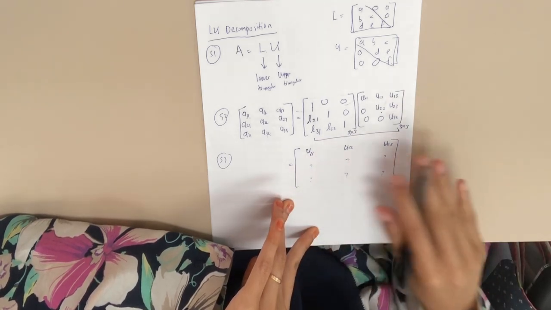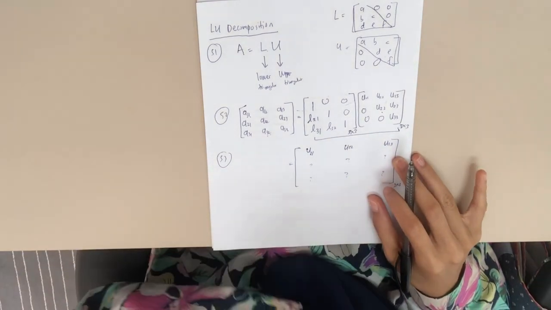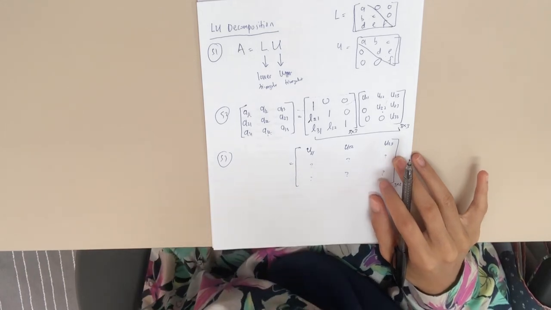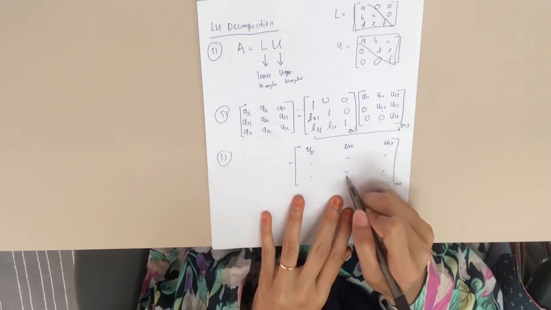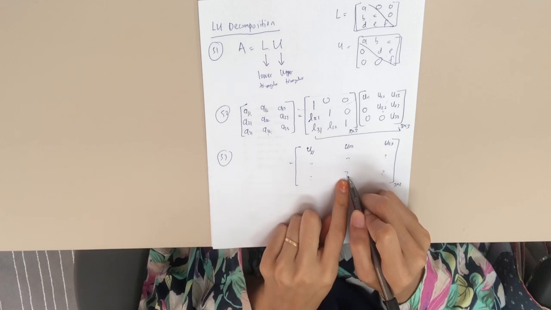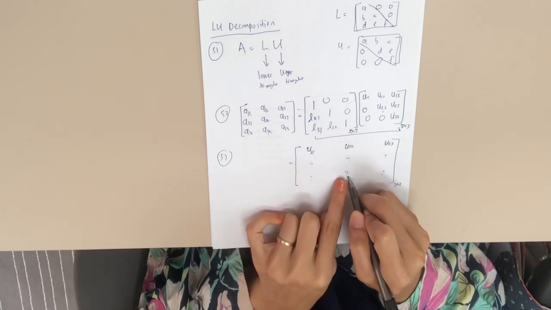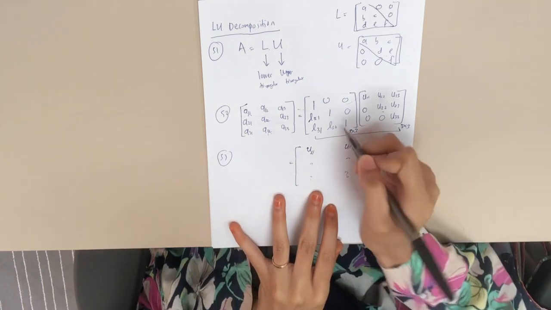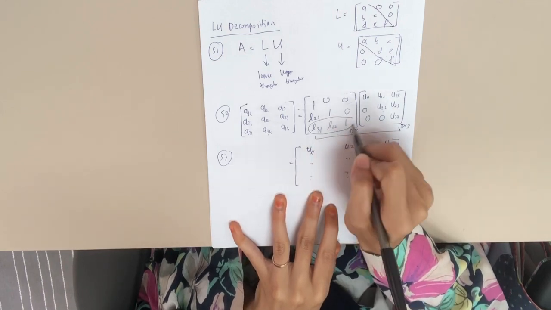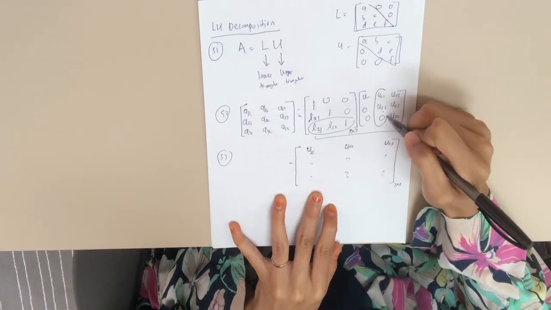Okay, so you can fill out all of this. I will show you another one, let's say this one. This is located at row 3, column 2. You take row 3 here and multiply with column 2.